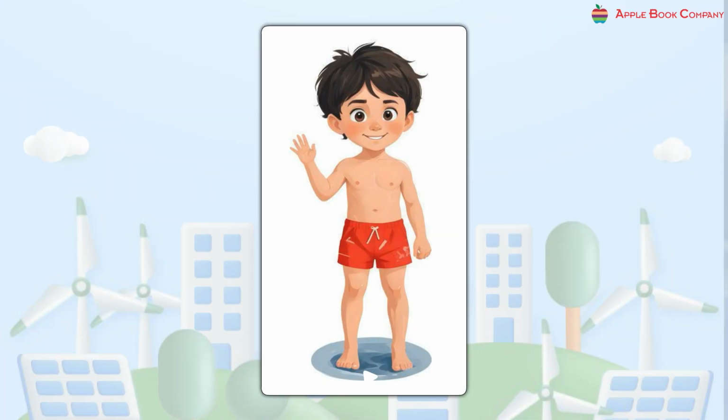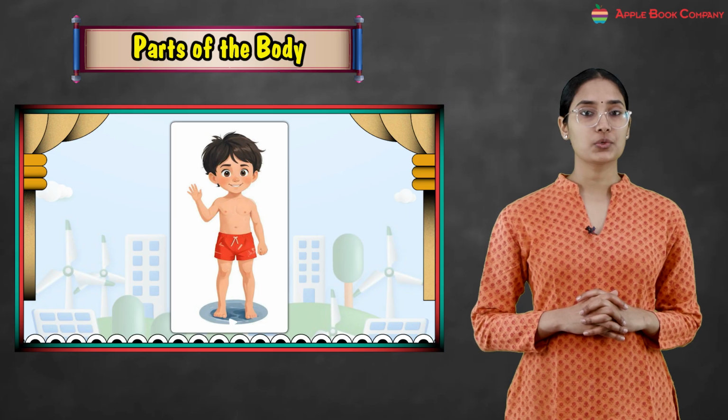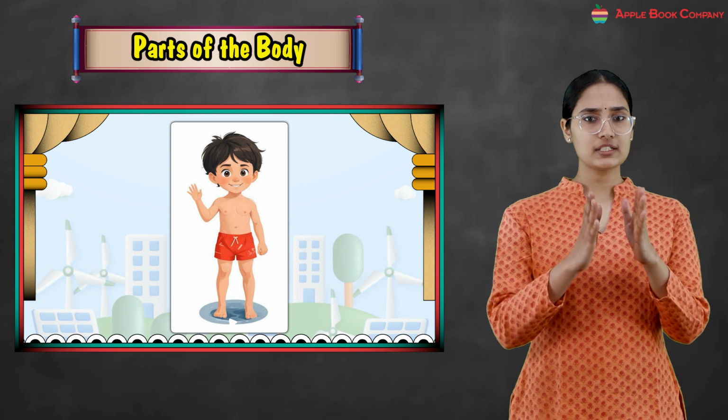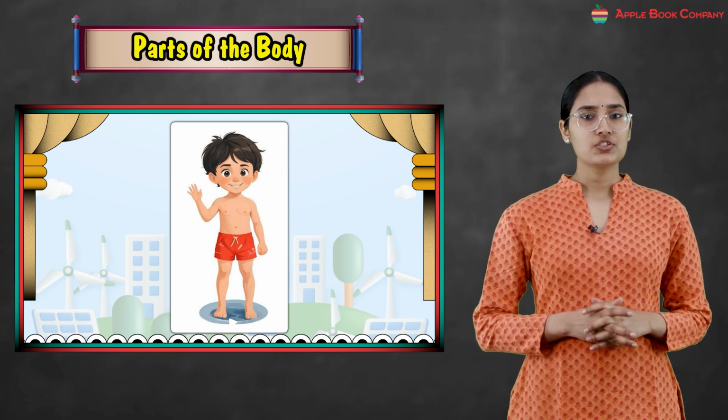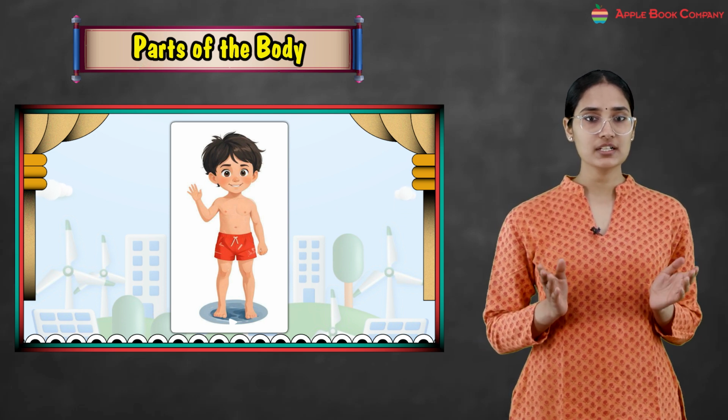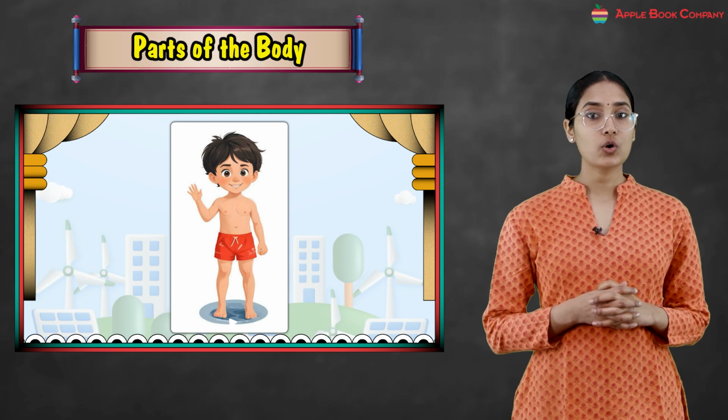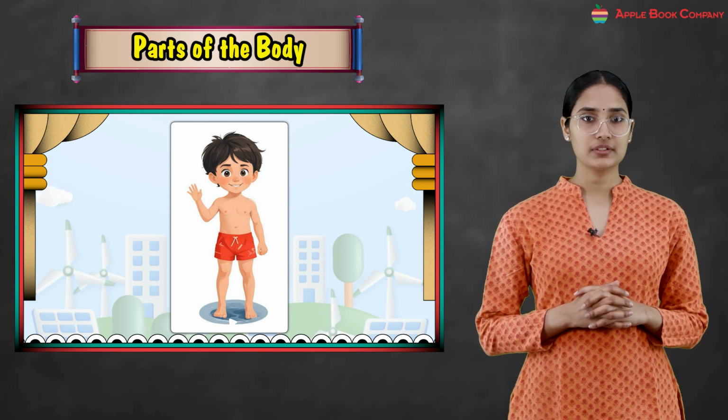Look at the picture carefully, okay? Do all the parts of the body look the same? Can you identify different parts? So kids, just look at this body. Can you just identify different parts, right? And they all look different also, right?